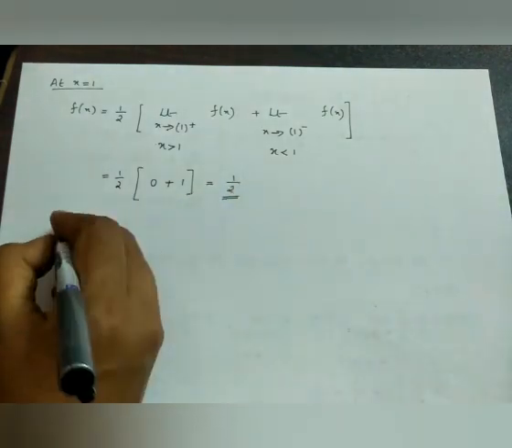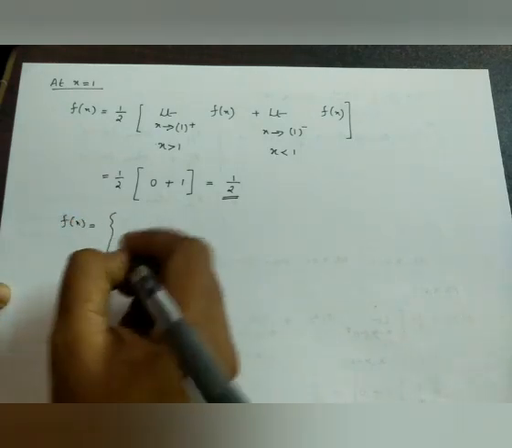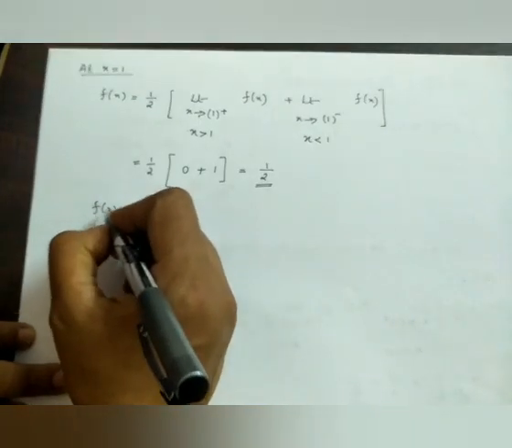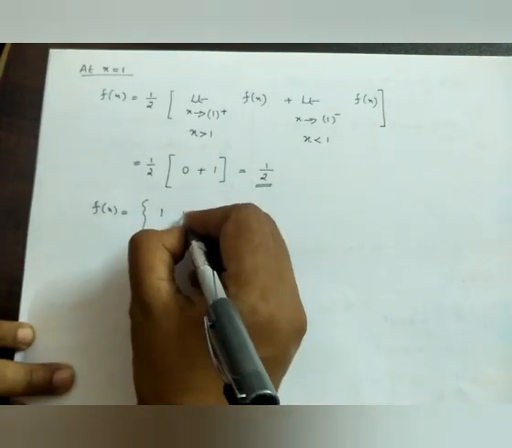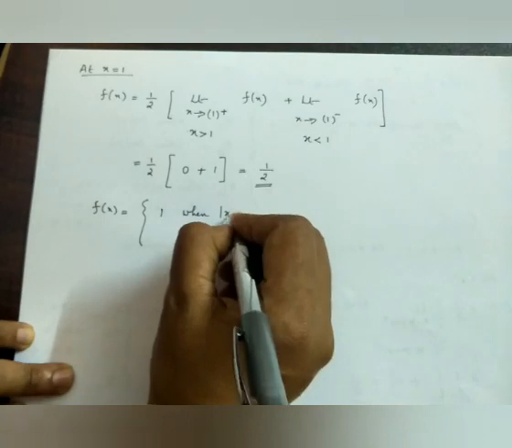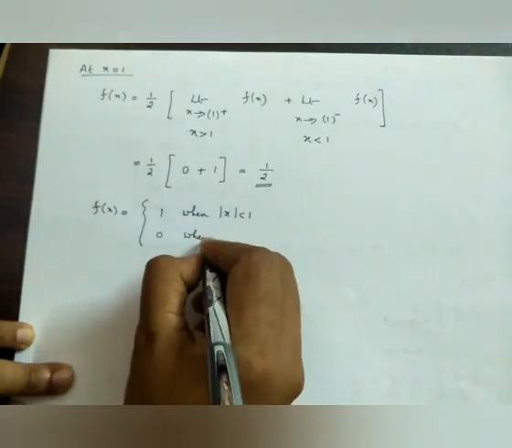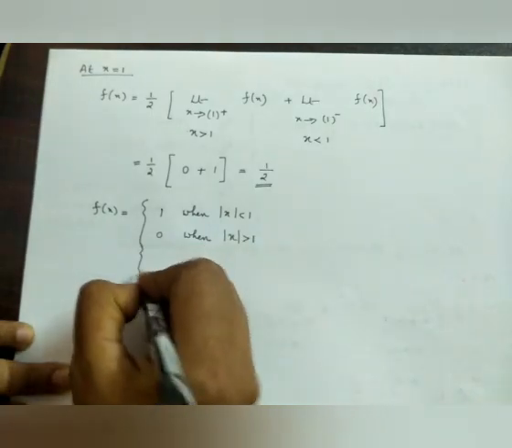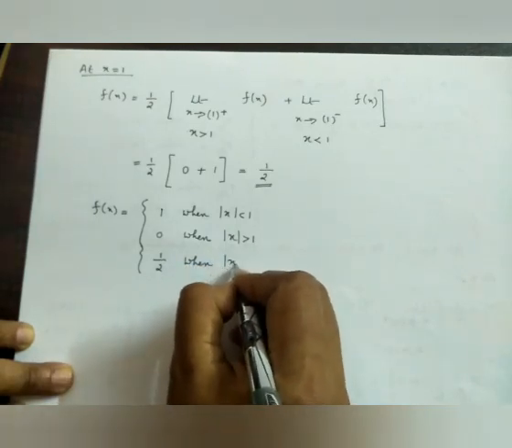Therefore, we can redefine f of x as: f of x is equal to 1 when mod x is less than 1, and 0 when mod x is greater than 1, and 1 by 2 when mod x is equal to 1.